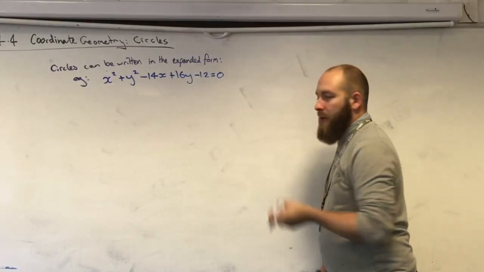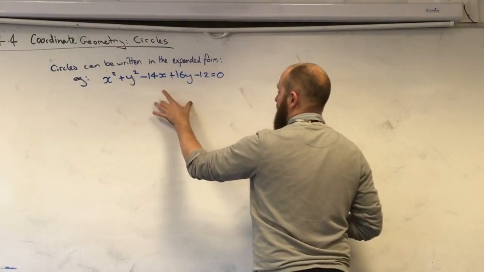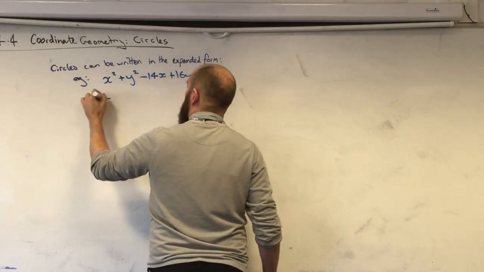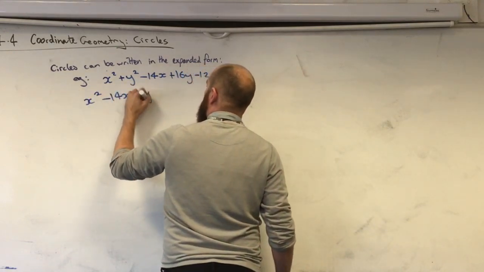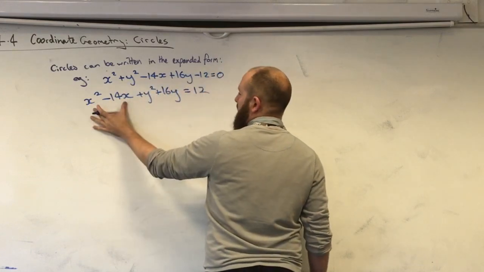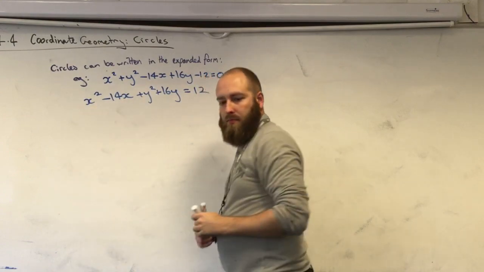So there's our circle. What we're going to do is collect terms. So we're going to get all the x's on one side, all the y's on the other side, and then try and complete the square on it. So x's, y's, numbers over here. Now we're going to complete the square on this part.